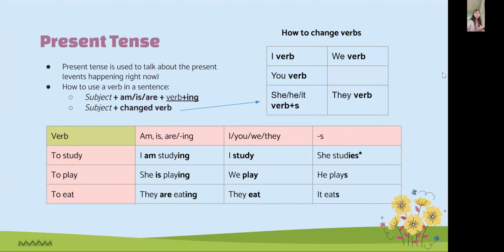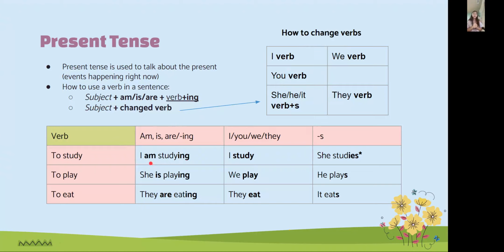So how do we change verbs? Well, you can go I and then include your verb, you, the verb, she, he, it, the verb plus the letter S, we, verb, and they, verb. If you look down at the chart, we can see 3 examples using different tenses. For example, I am studying.